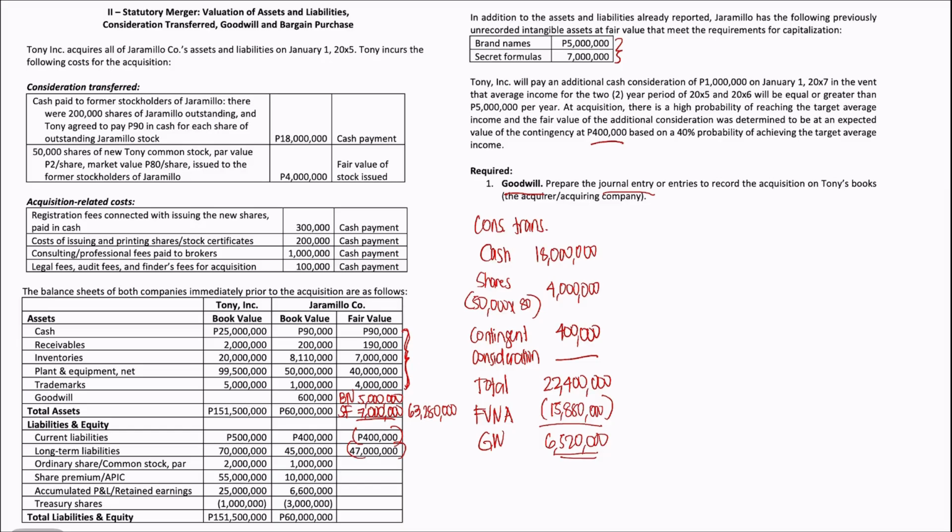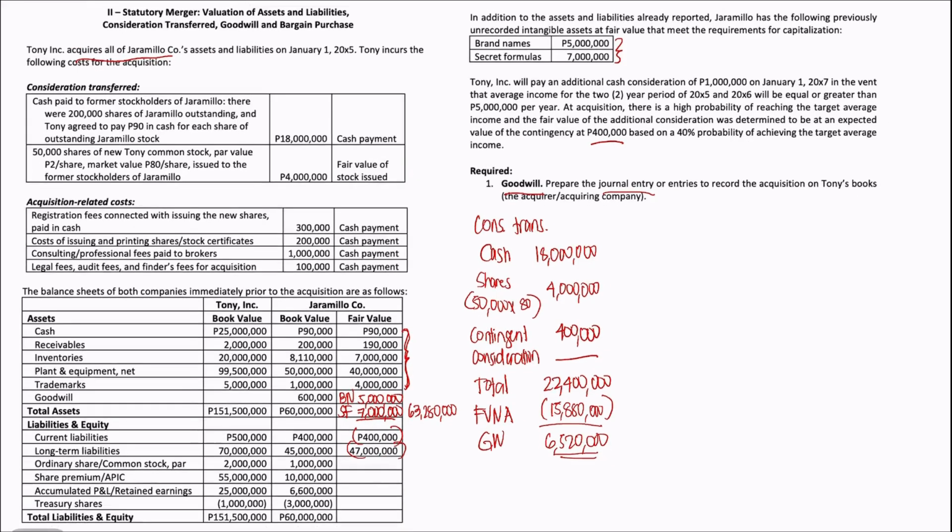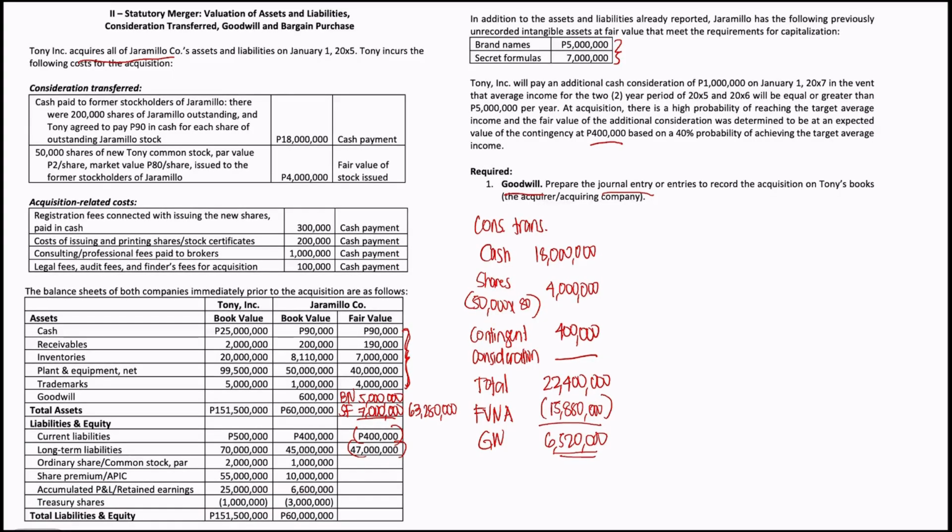Let's now prepare the journal entries in the books of the acquirer. This is an acquisition of net assets. Hence, we debit all the assets acquired, credit all the liabilities assumed, and credit as well the consideration transferred.